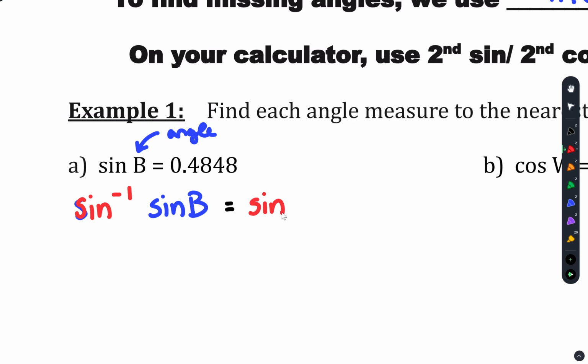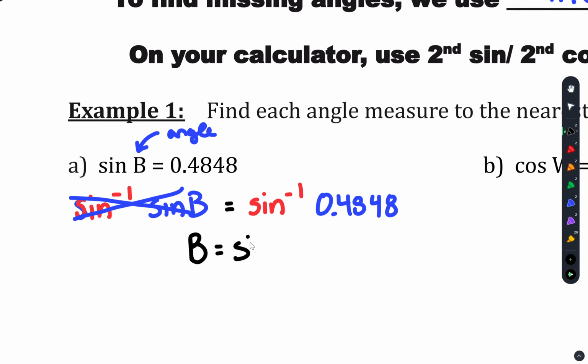So if I do sine inverse on the left, I also do sine inverse of the right side. Sine inverse cancels out sine, so I'm left with B equals sine inverse of 0.4848. And that's what we're going to type into our calculator.